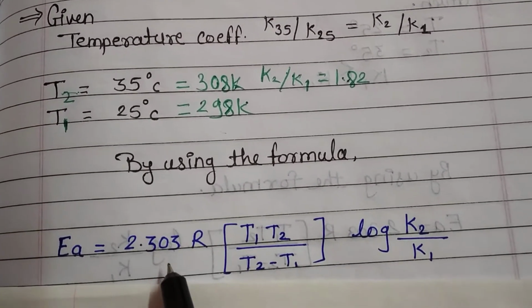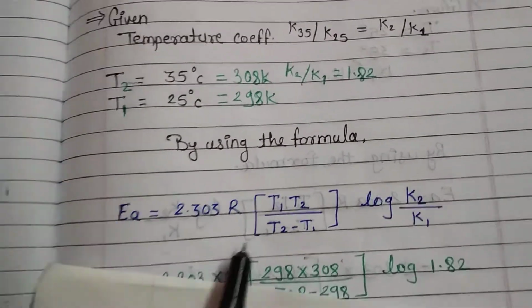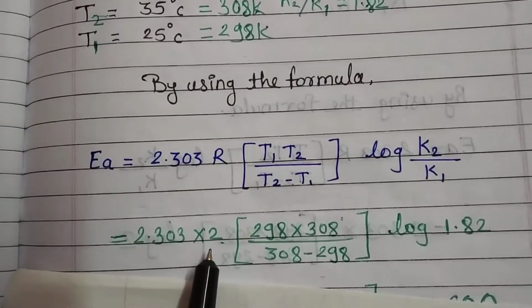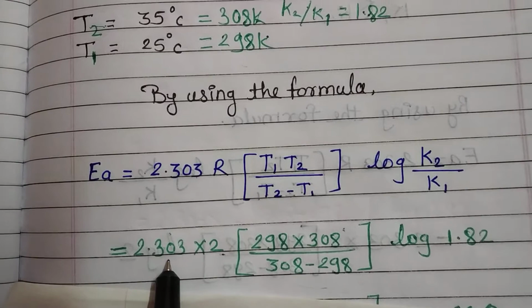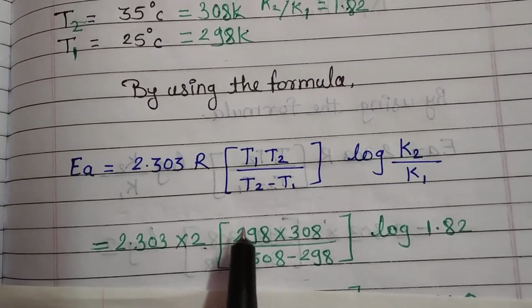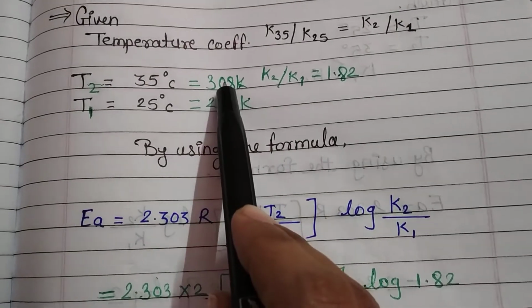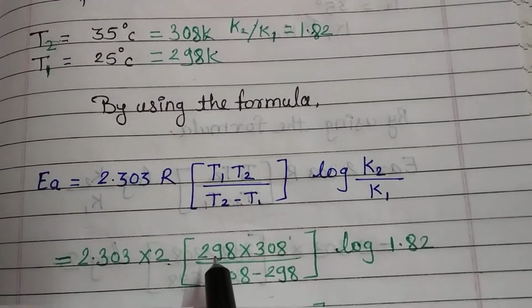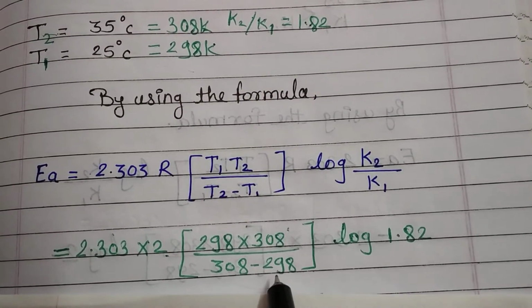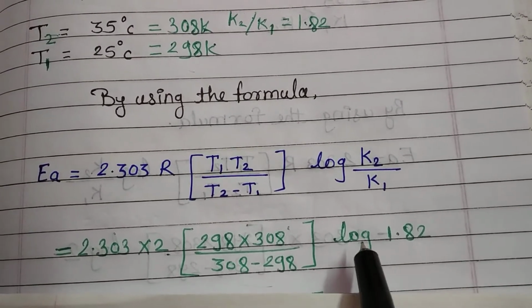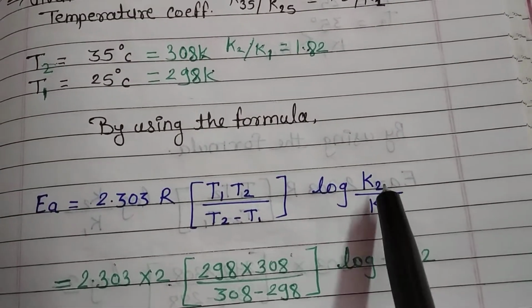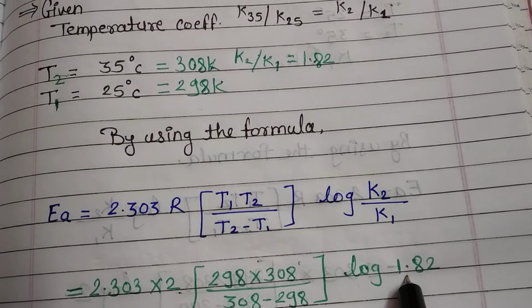The value of R is equal to 2, so 2 × 2.303, T1 is 298 Kelvin and T2 is 308 Kelvin, divided by 308 minus 298, into log of K2 upon K1, which is 1.82.